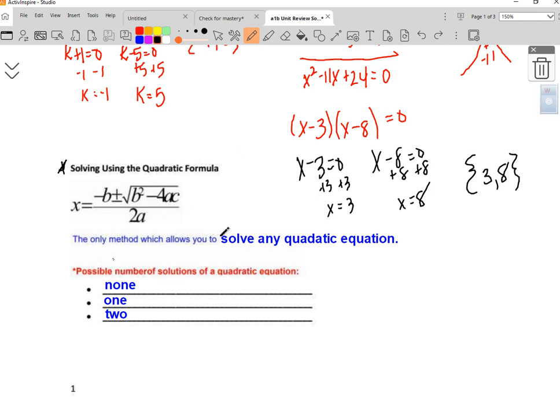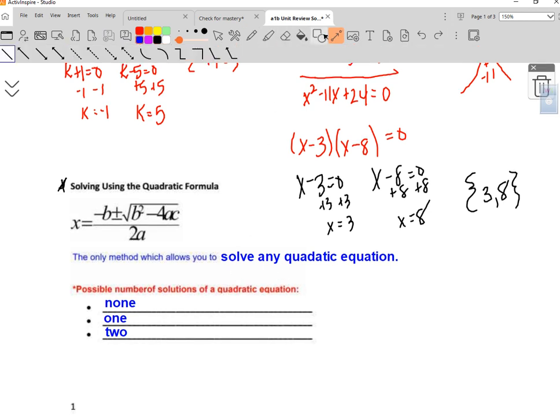Using the quadratic formula is the only method that allows you to solve any quadratic equation. Not all quadratic equations are factorable. Technically, I guess you can solve any quadratic equation by graphing, but that's also not really practical.